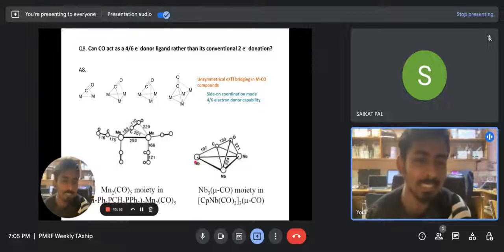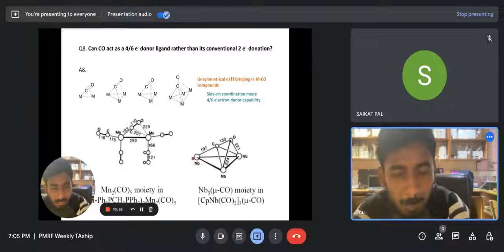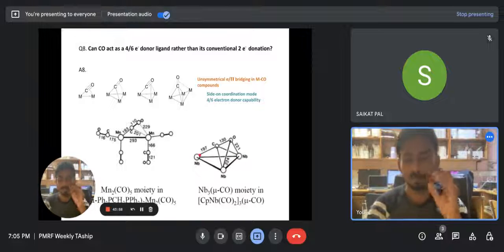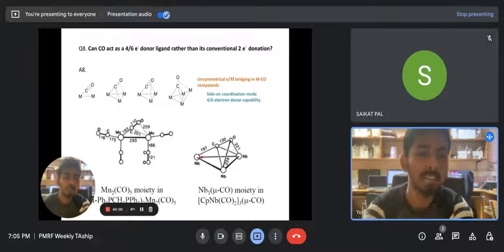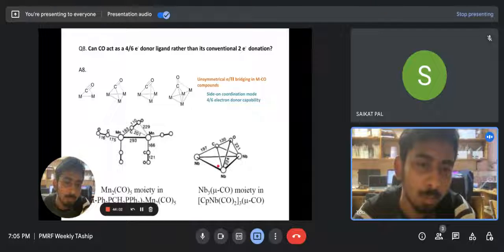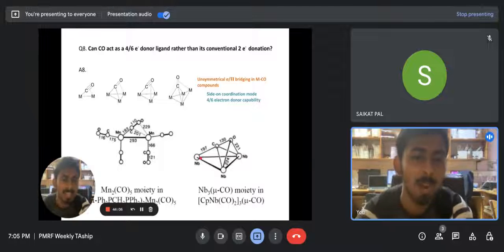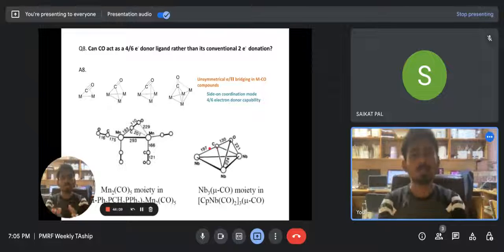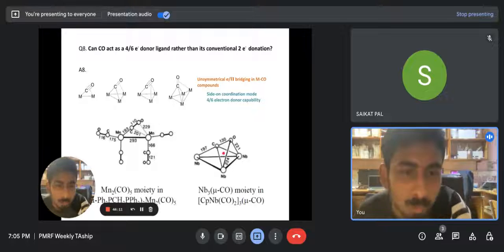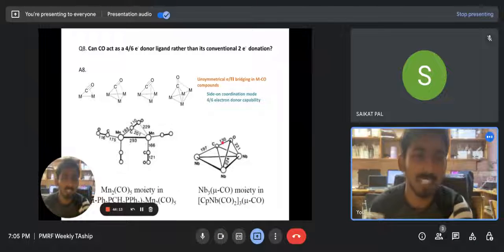In this specific example, this is a niobium 3 cluster, with Nb-Nb bonds, and the number of bonds per Nb is also 2. Here you can see there is a CO, and this niobium-C bond distance is 197 picometer. You can see the CO bond distance is 130 picometer.